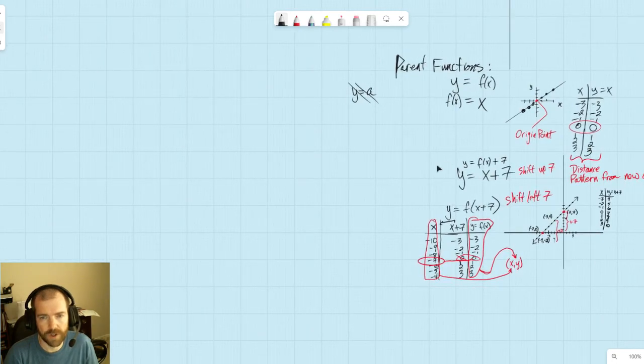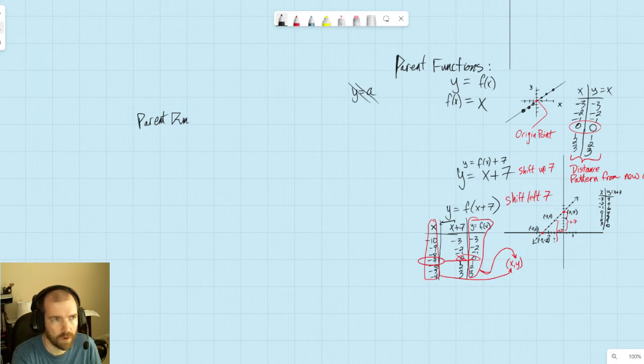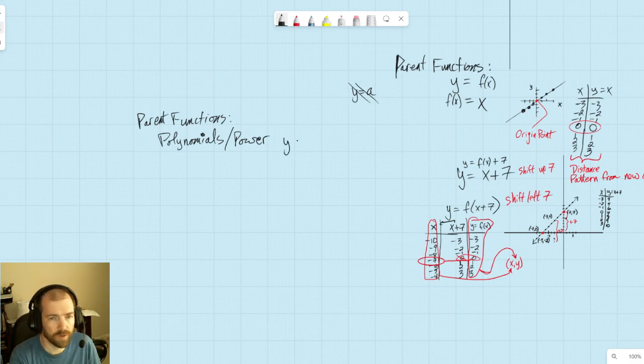All right, so parent functions come in all shapes and sizes, and we know most of the other parent functions as polynomials or power functions, which are going to look, roughly speaking, like f of x equals x to the nth power.